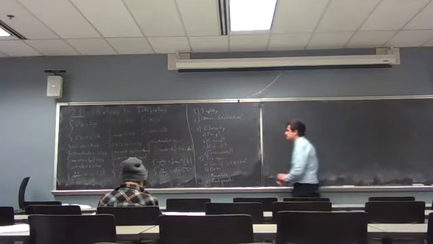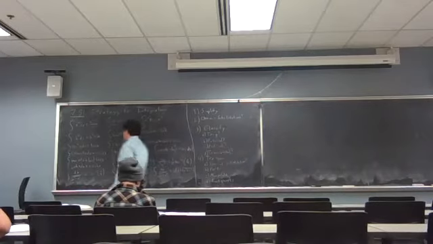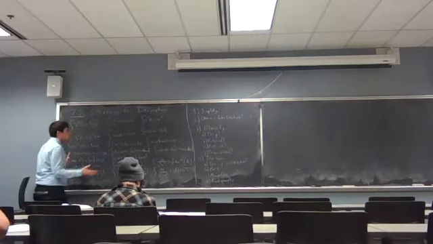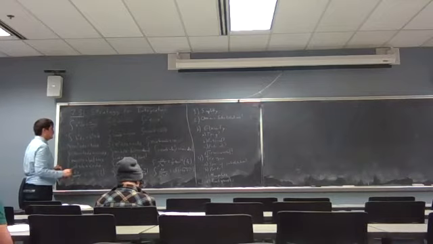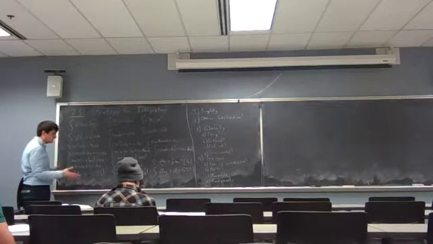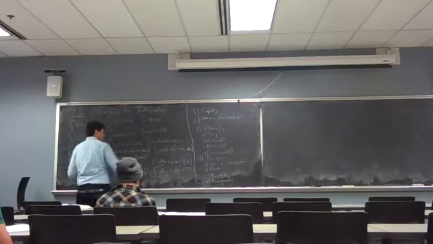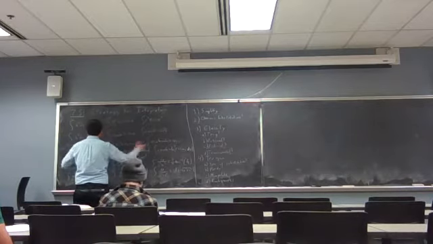So what I have written here is a list of all of the integrals that we know, kind of our basic integral identities. If you don't remember, maybe there's a few in here that you don't necessarily have to memorize.